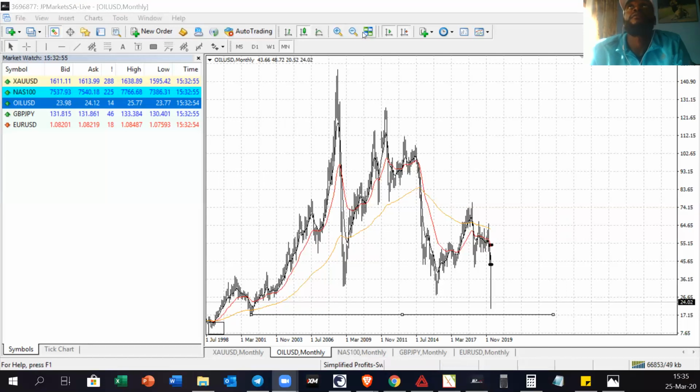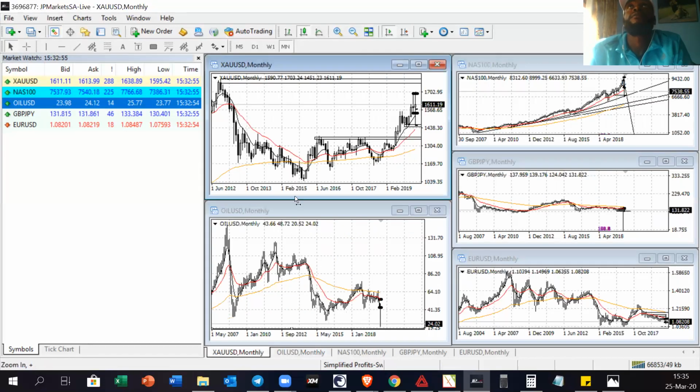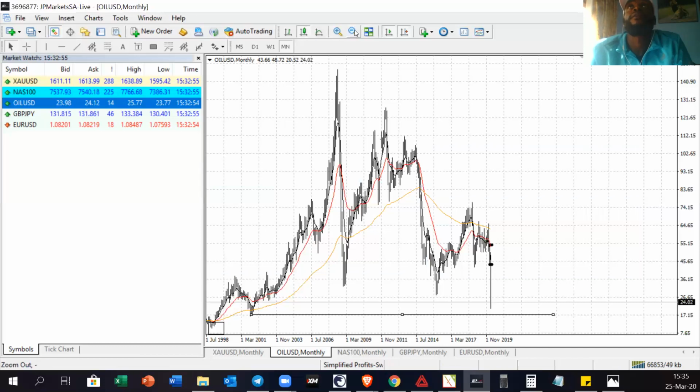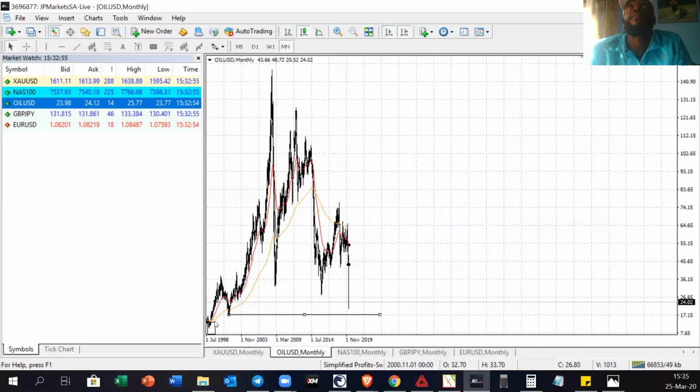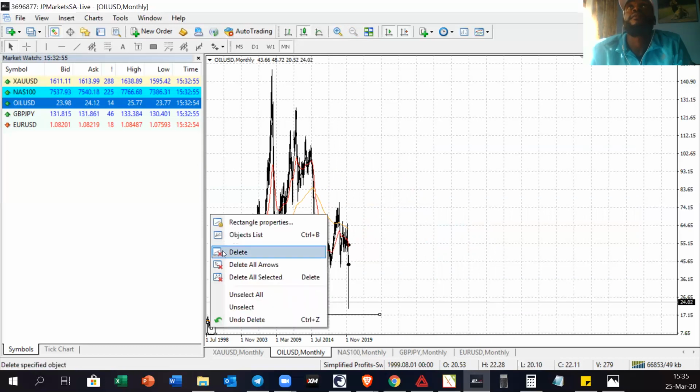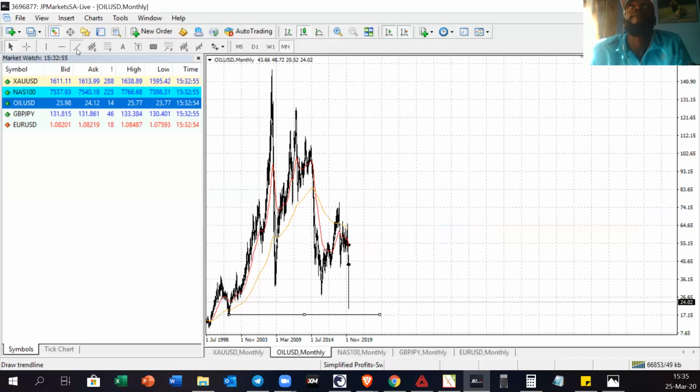Oh, no, the other level is $11. So for the oil market to hit $11, I don't know. But this is the lowest that I can see on this chart.